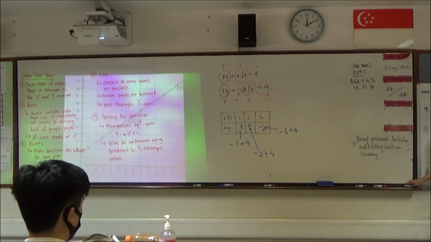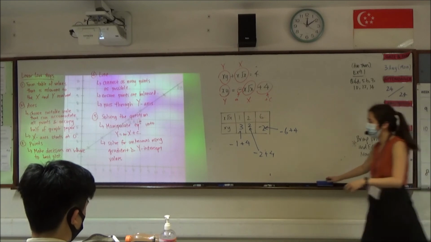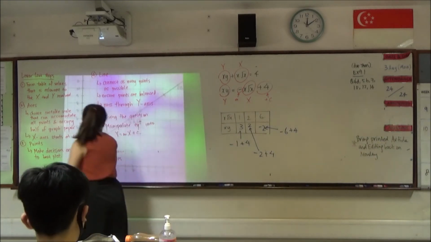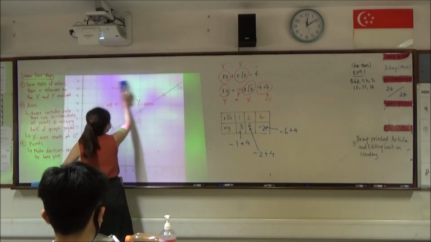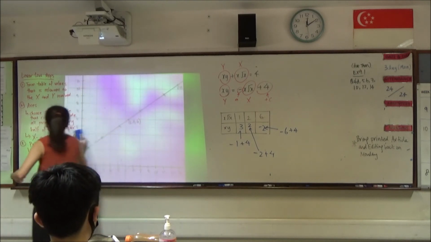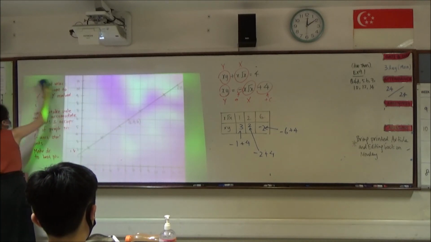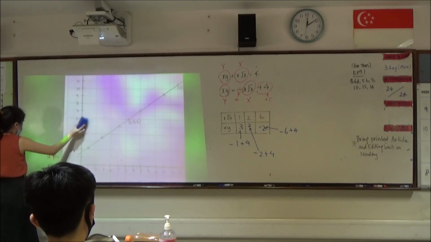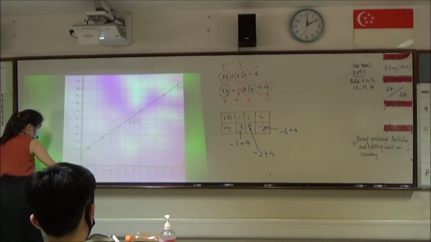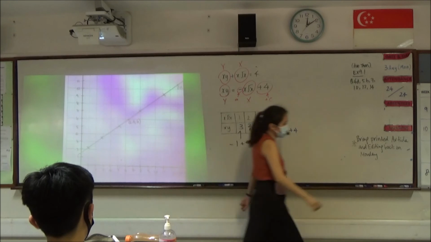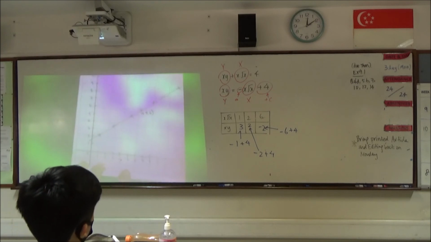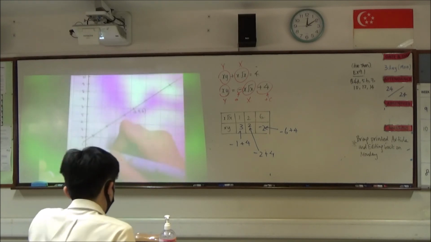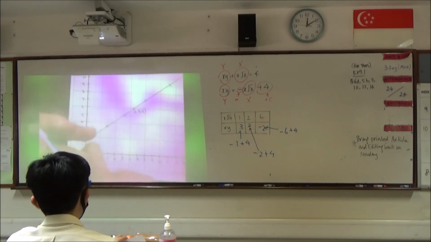After we get these numbers, we can plot already. In order to plot this, x is 1, 3 is here.